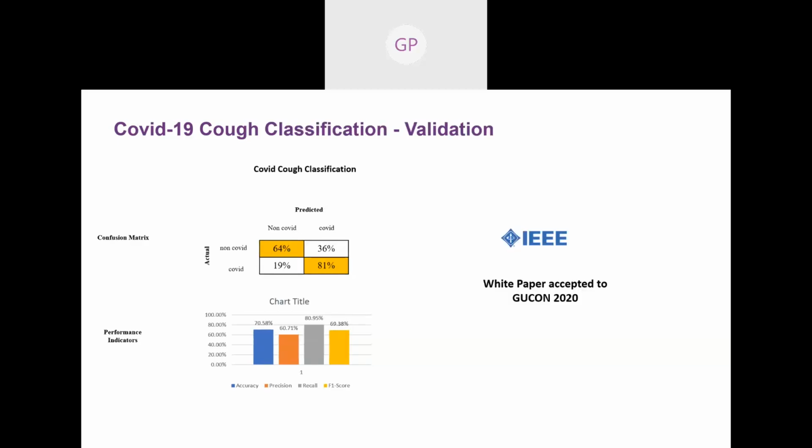Then there is the second part, which is the cough classification into COVID and non-COVID. We struggled quite a bit while applying a variety of different CNN architectures. We also went on to VGG16 and tried to replicate it, to see whether we could get good results with MFCC as well as with spectrogram images as input.